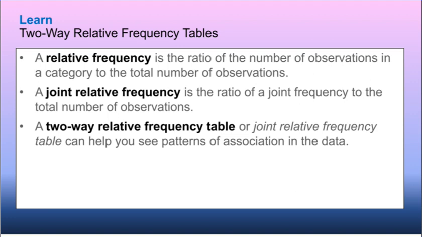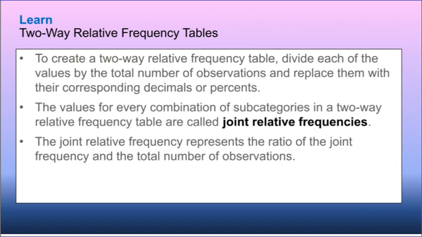The joint relative frequency is just the ratio of the joint frequency to the total number of observations. A two-way relative frequency table or a joint relative frequency table can help you see patterns or association in the data. So to create a two-way relative frequency table, divide each of the values by the total number of the observations and replace them with their corresponding decimals or percents.